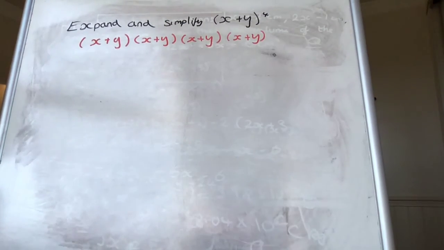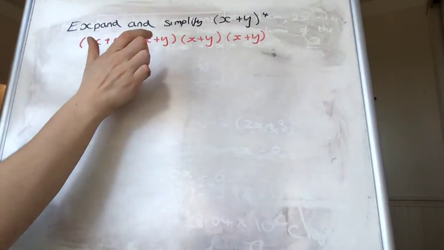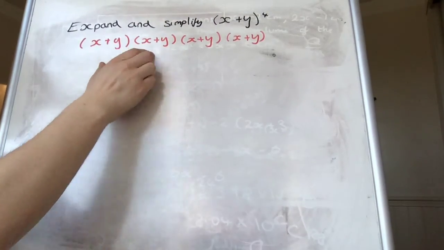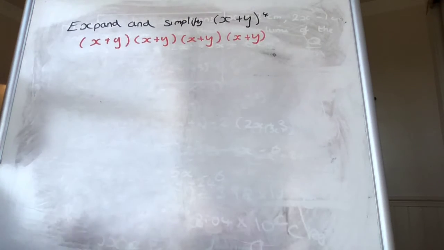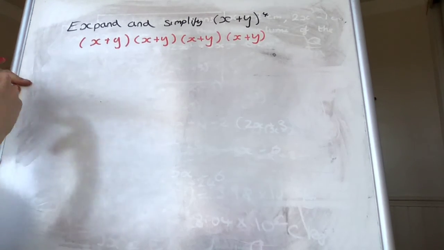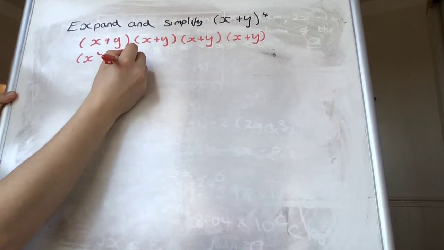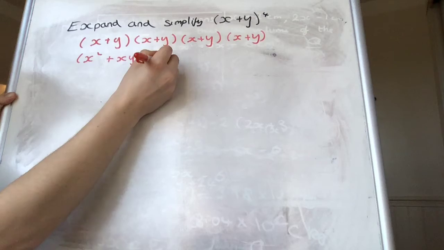Okay? And this may be the first time we've come across four brackets that we need to expand, but the same principles apply. Let's multiply 2 brackets at a time. And we know that whatever that expansion is the same as that expansion. So this expansion here would be x squared, and remember to keep it in the brackets, plus xy plus xy.